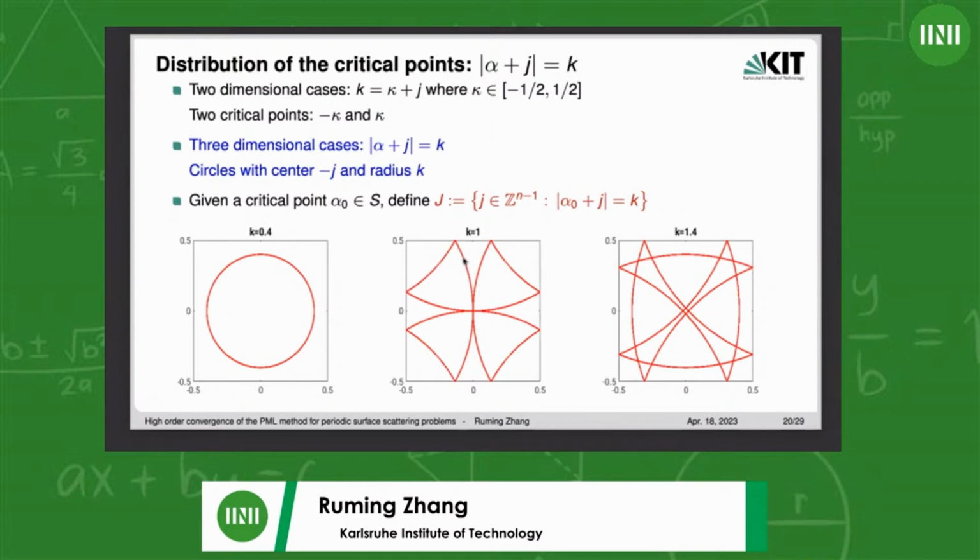For example, when alpha is here, there is only one element in capital G. But when alpha is here, there are 4 curves passing through alpha. So there are 4 elements in G. So this is a notation.